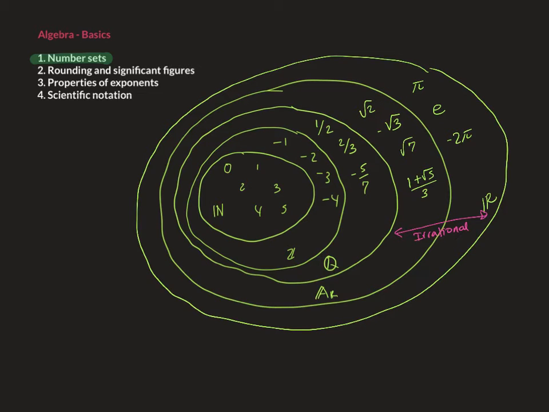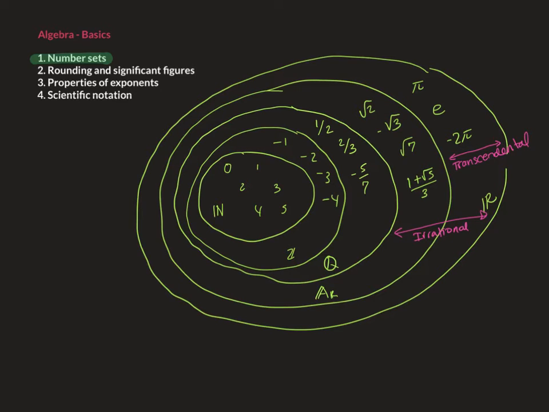And we recognize them because when they are written in decimal form, they are decimals that are non-repeating and never ending. However, the last set that we added, these are called transcendental numbers.